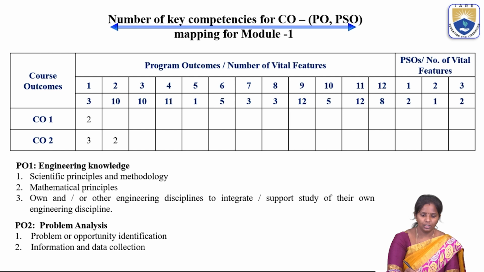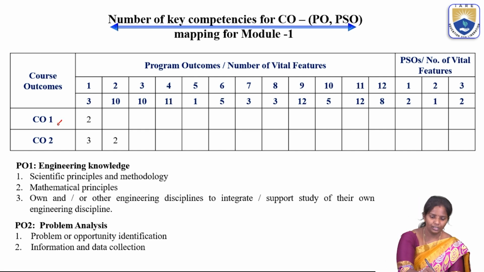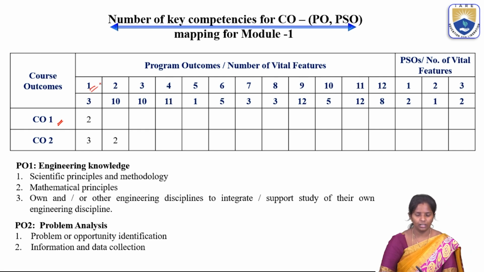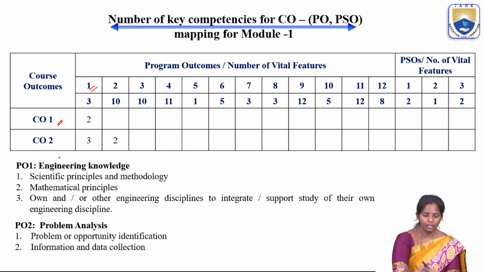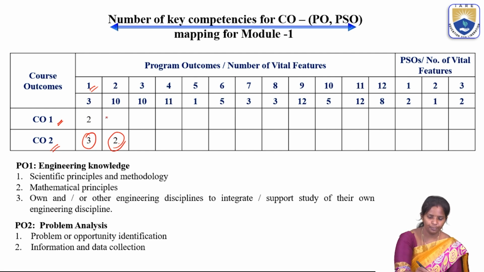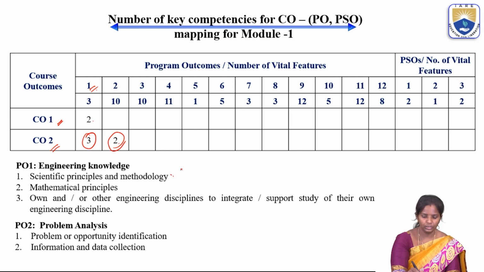So next comes the number of key competences. For CO1, for program outcome 1, it is 2 by 3. Then CO2 is 2. In the case of PO1, it is 3, so 3 are considered. So what is that 3? For example, if you see CO1 with PO1, there are only 2, these 2 here.